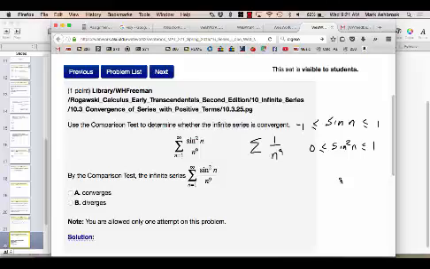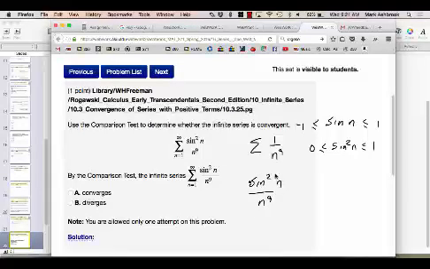So what's going to be true about every term, sine squared n over n to the ninth? If this is between 0 and 1, how is it going to compare to 1 over n to the ninth? If your numerator is between 0 and 1, then you're always taking a fraction of 1 over n to the ninth. Do you see that? How does this first fraction compare to the second?